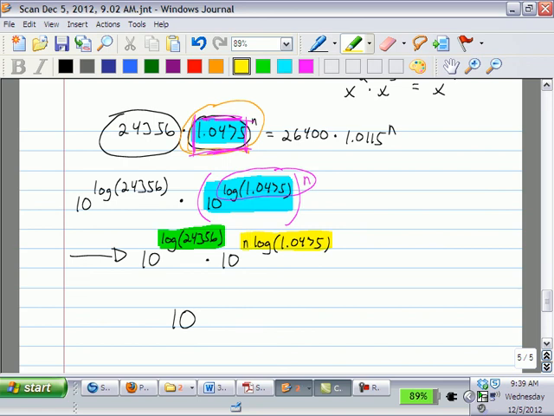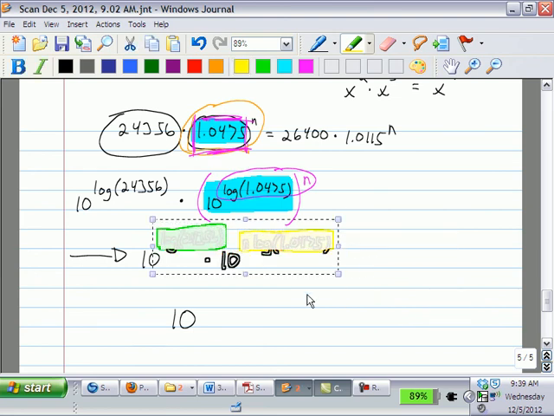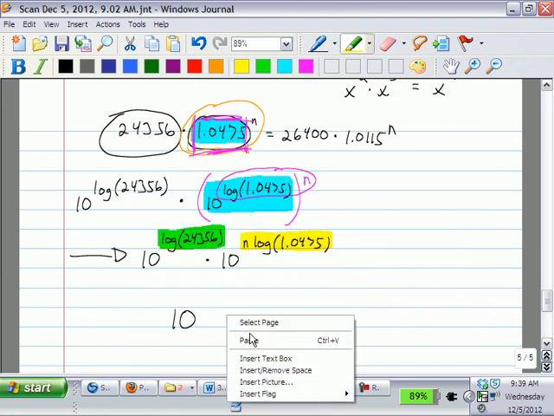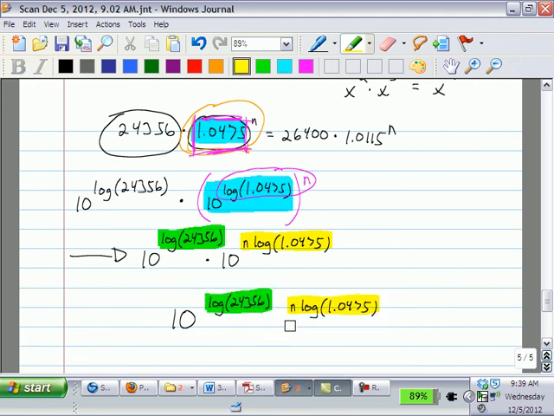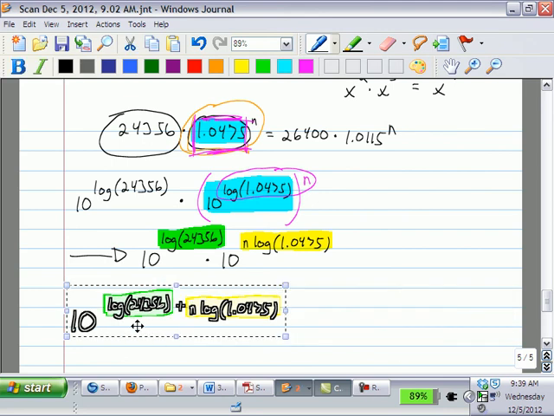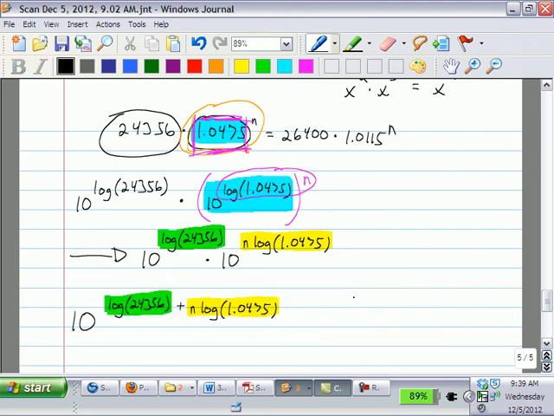Addition. So we're halfway there. The left side is now written in base 10.